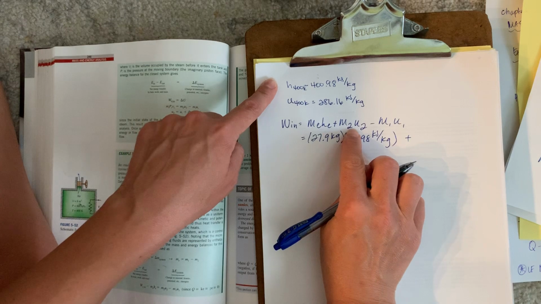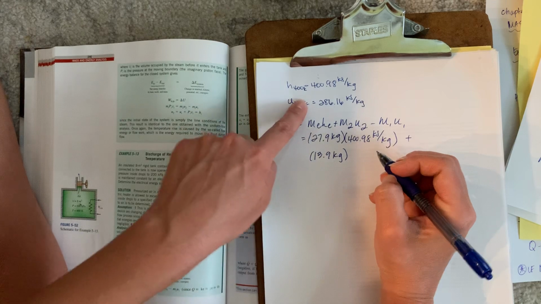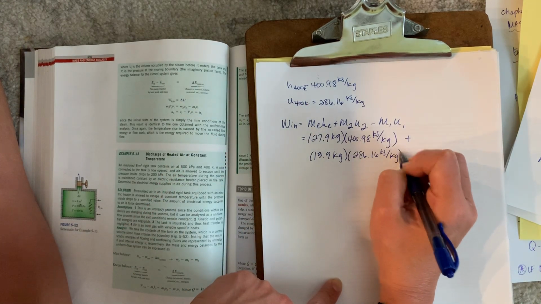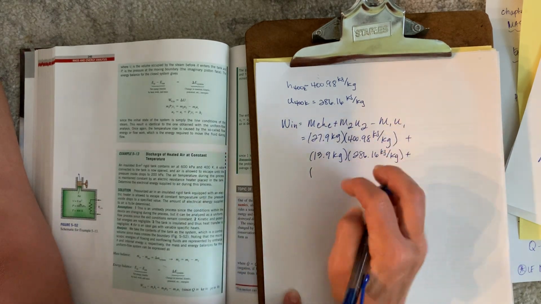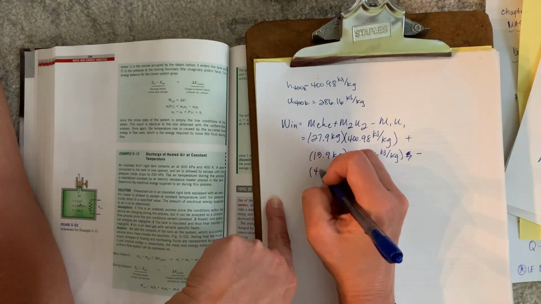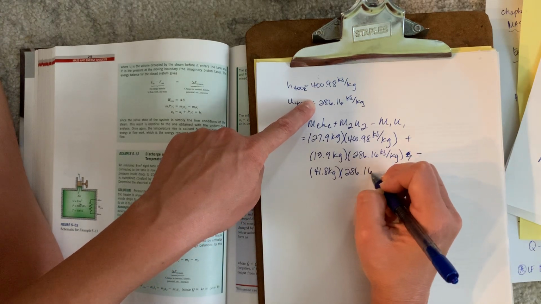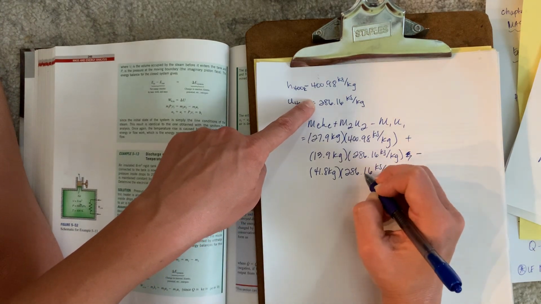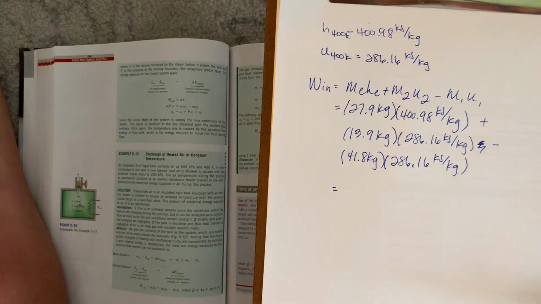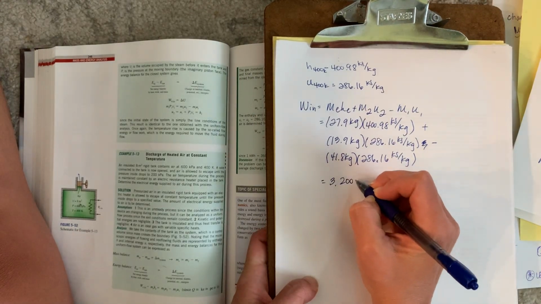Our mass at point 2 we found to be 13.9 kilograms, and our internal energy is 286.16 kilojoules per kilogram. Then minus our mass at point 1, which is 41.8 kilograms, multiplied by the same internal energy, since it's forced to stay the same with the heating. Solving for all of this together, we get roughly 3,200 kilojoules.